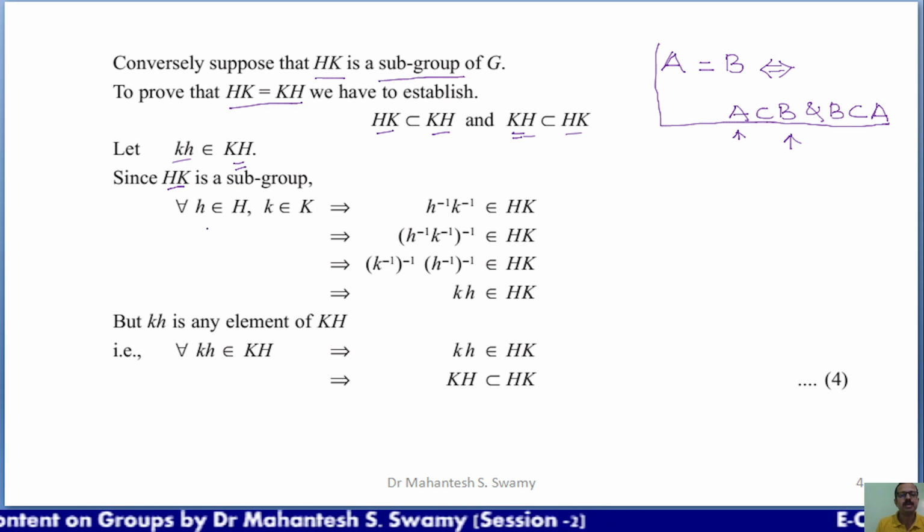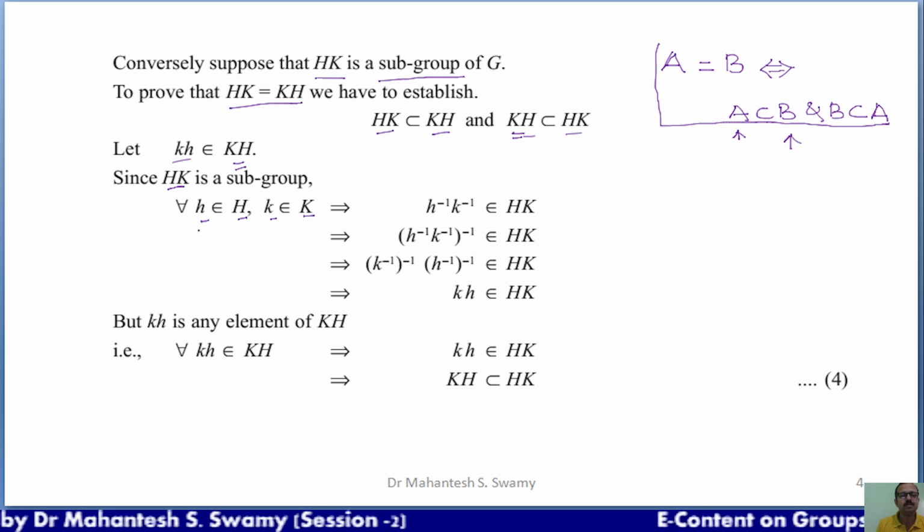Small k is an element of capital K, small h is an element of capital H. Therefore, according to the definition of subgroup, it should be a group.